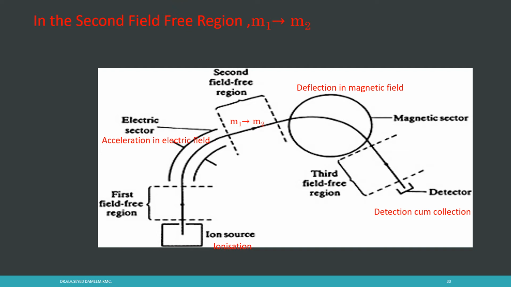In the first field free region, the ion has mass m1 and it enters the electric field. After entering the electric field, in the second field free region, it is fragmented to m2. So due to this process, a metastable peak is obtained.